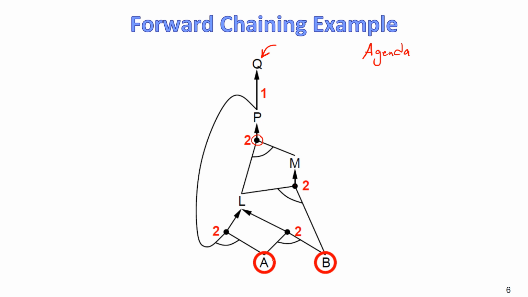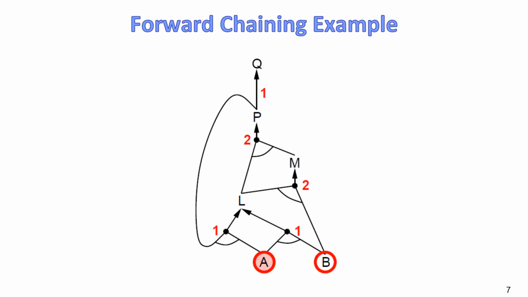You see that they are now empty red circles, which means that they are in the queue. Once they are visited or get out of the queue, they will be filled to indicate that they should not be visited again. So we'll get A from the queue now. Once we get a symbol from the queue, that means that it is activated, which means that we should now decrement the counters of the attached implications in which this symbol was a premise.